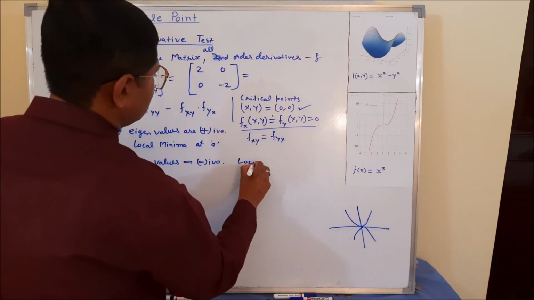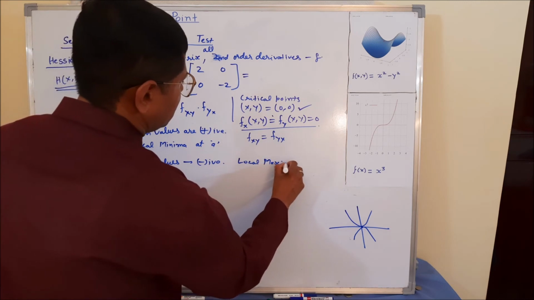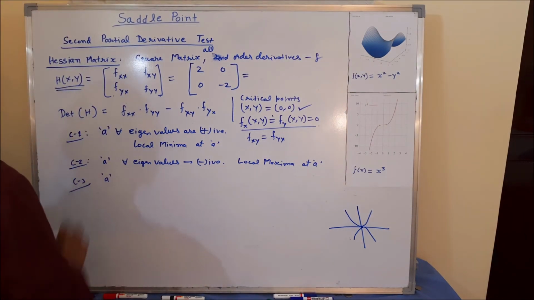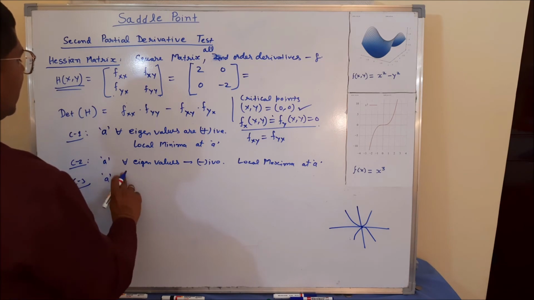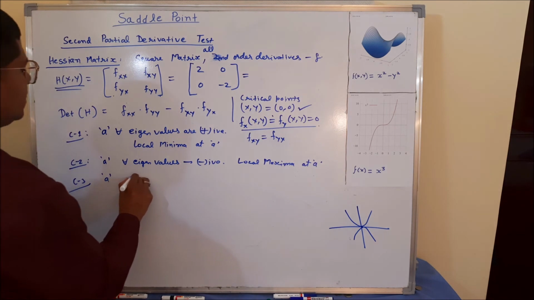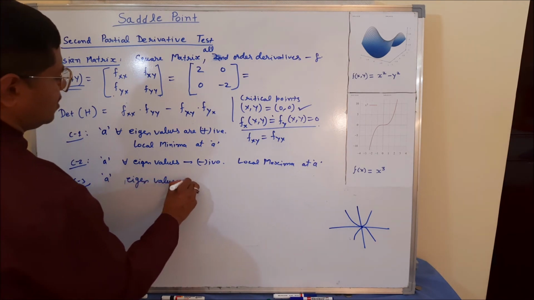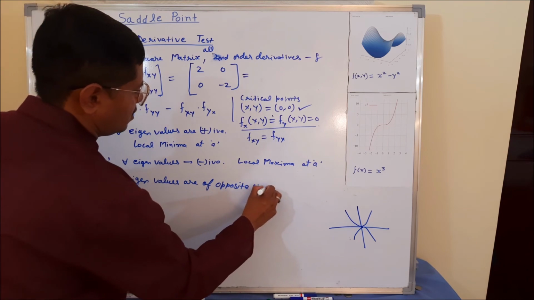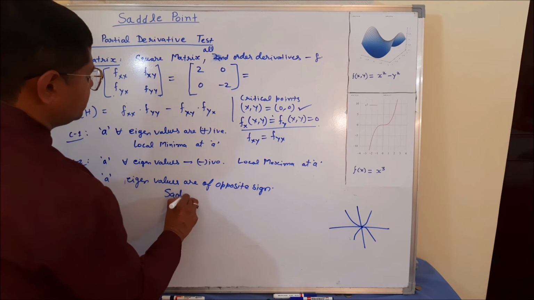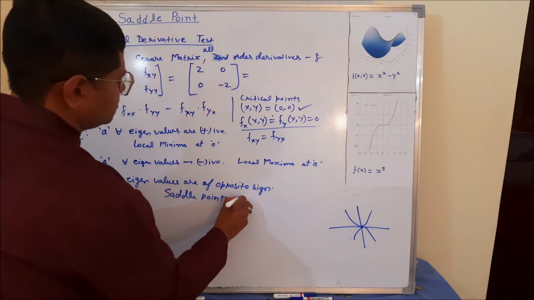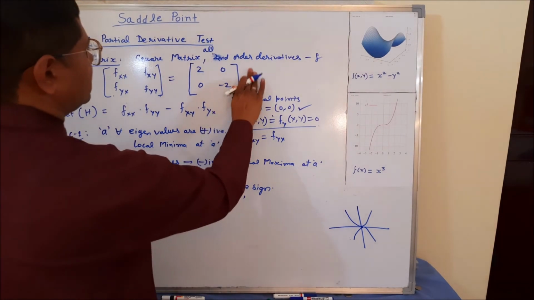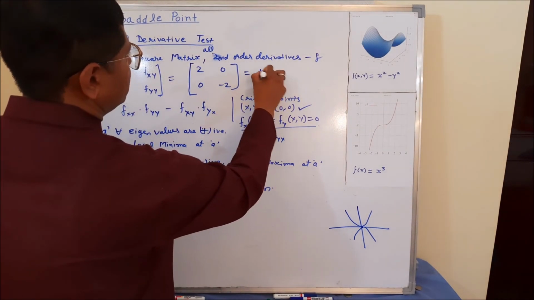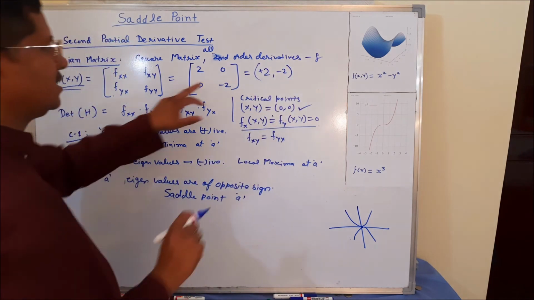A local maxima, just the opposite, at A. And similarly in case 3, if at critical point A, the eigenvalues are of opposite sign, then there will be a saddle point at A. So in this case, surprisingly, if you try to get the eigenvalues, you will get one eigenvalue as +2 and one eigenvalue as -2 for this Hessian matrix.